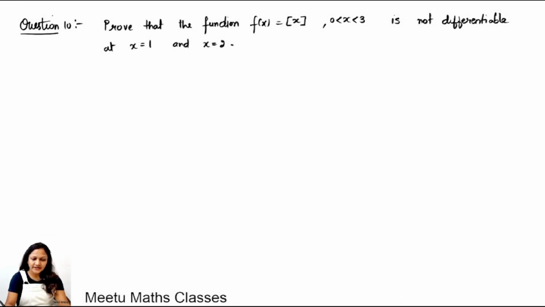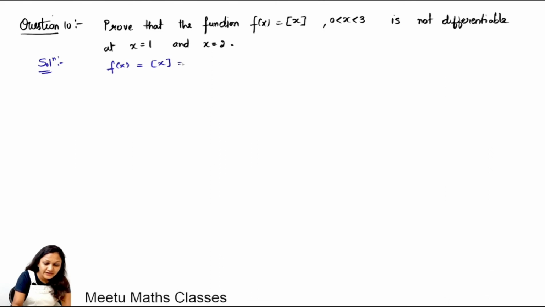Now question number 10 is prove that the function f(x) is equal to the greatest integer function of x, defined in between 0 to 3, is not differentiable at x equals 1 and at x equals 2. First of all we are going to define our function f(x), that is the greatest integer function of x, in between 0 to 3.